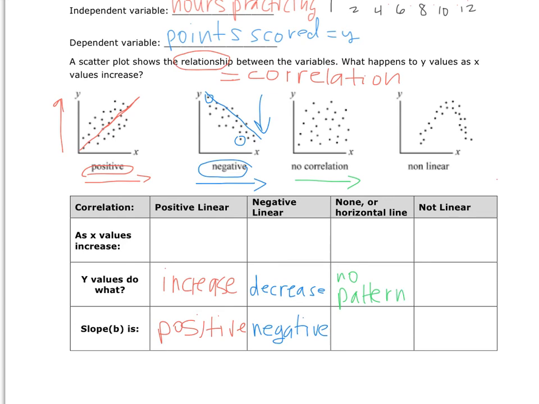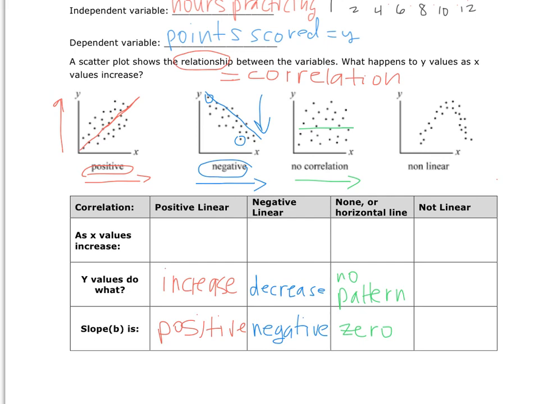We could say, though, that we could draw a line through those and it would be horizontal. And when we have a horizontal line, the slope is actually 0. There's no slope. It's 0. But there's no linear correlation when the slope is 0.